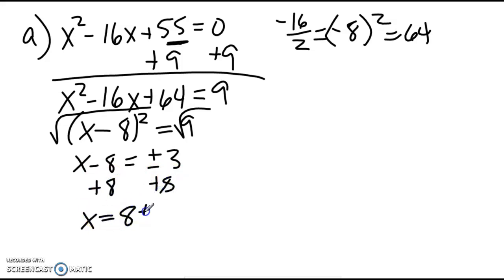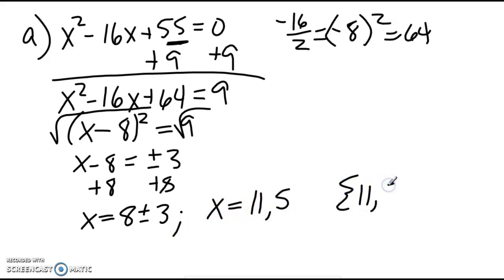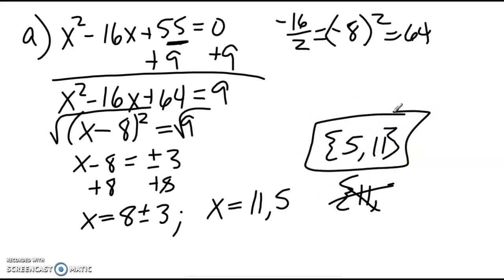So we get 8 plus or minus 3, which again gives us 11 and 5. Whoops, I want to put that as 5 first. Okay. So we got the same answer, a different process.